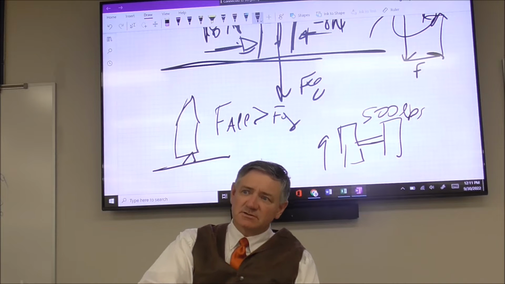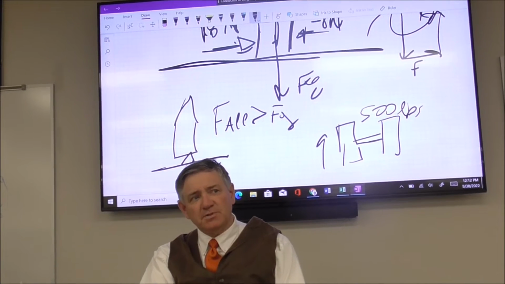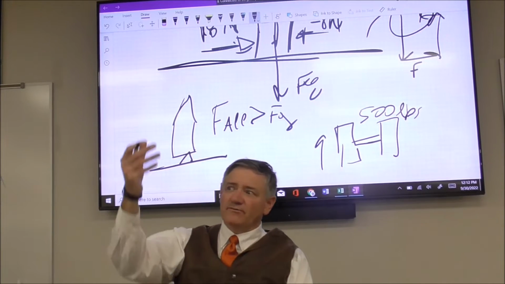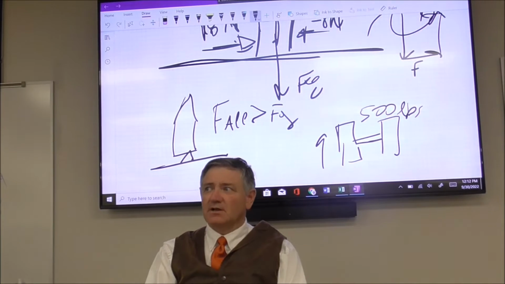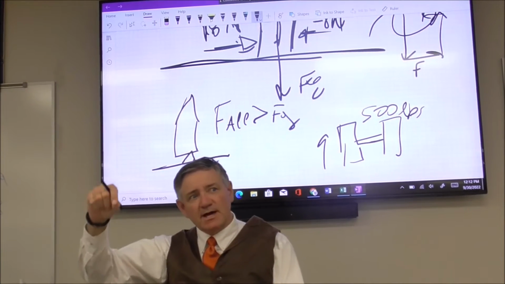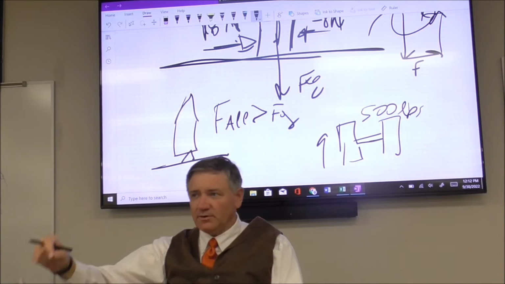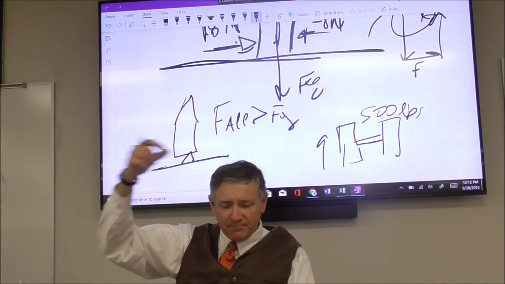The engines from the rocket just have to apply enough force to overcome the gravity mafia. That's it. As long as that applied force is bigger than the weight of the rocket, you're going to get a positive net force, and the rocket's going to accelerate upward.